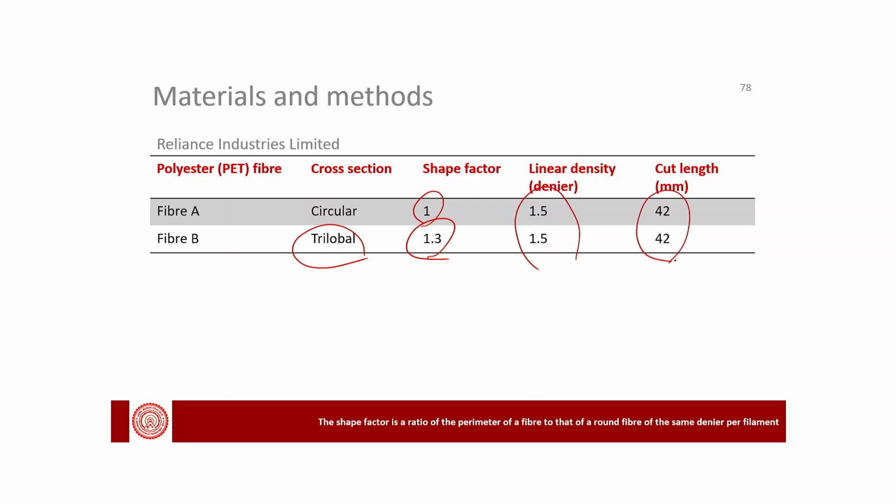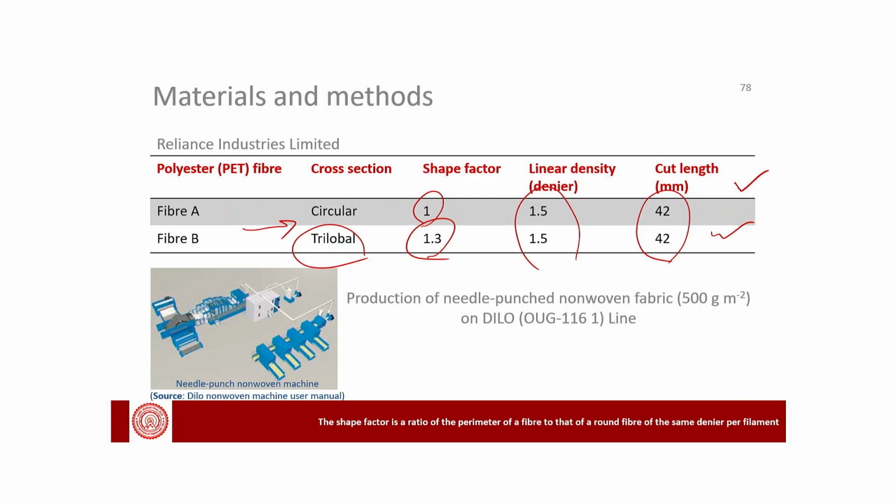These 2 fibers were used to develop the needle punch nonwoven fabric, and using the needle punch DLO machine we have produced the fabric with 500 grams per square meter aerial density.